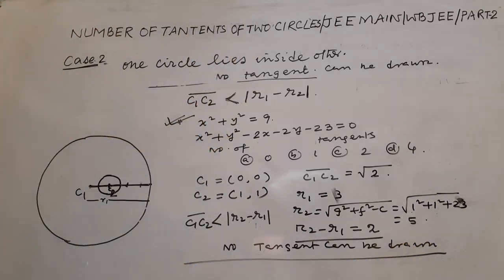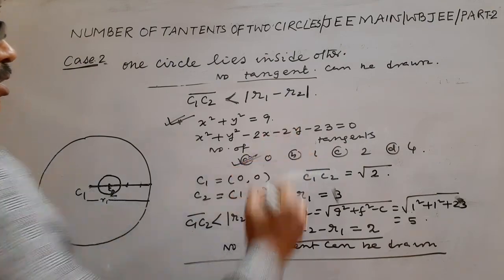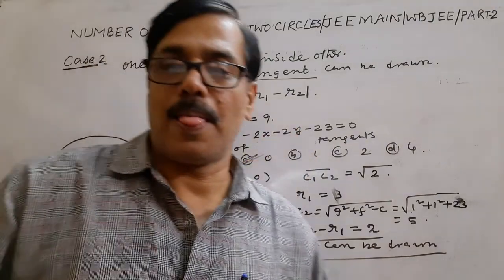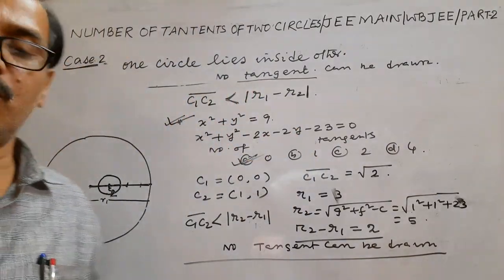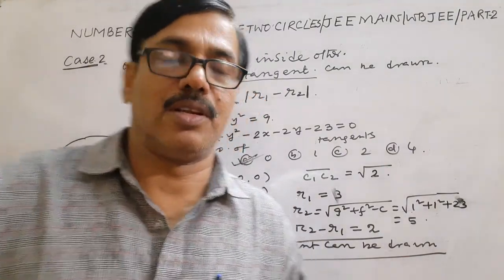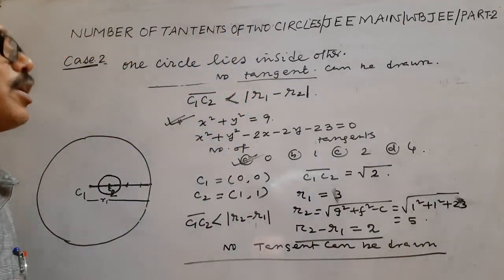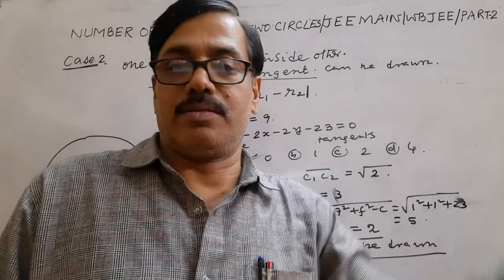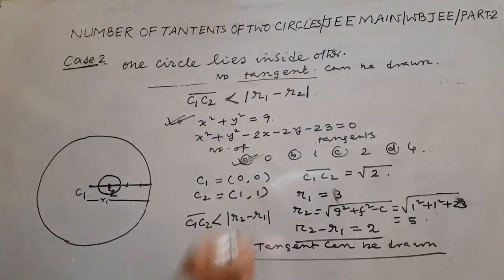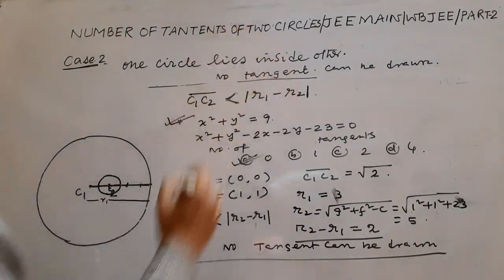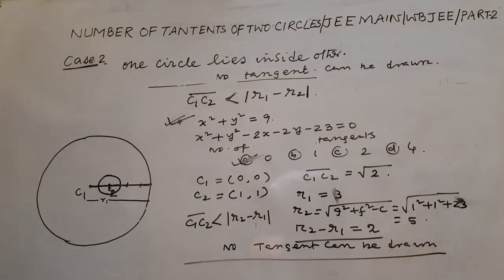So how many tangents? 0 tangents. So common tangent is not applicable. We have discussed common tangents in part 1. So C1C2 less than mod R1 minus R2.